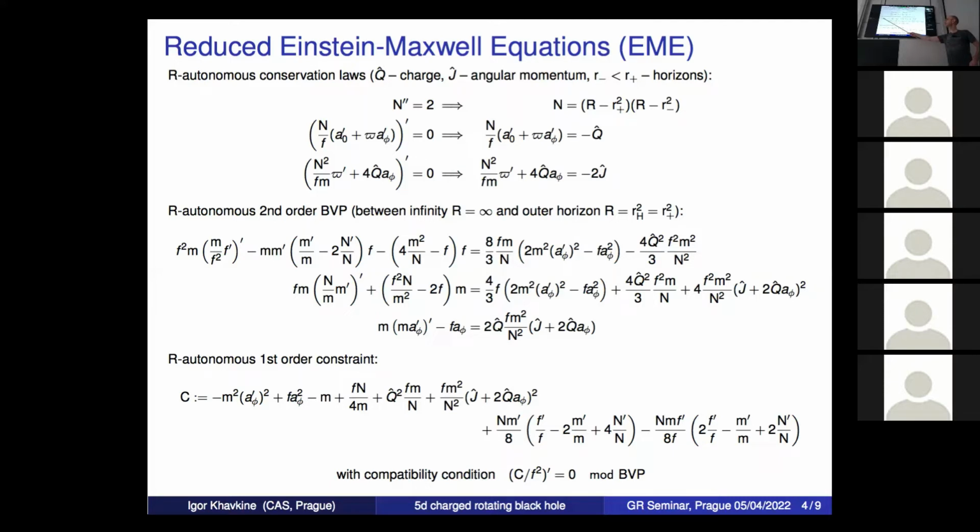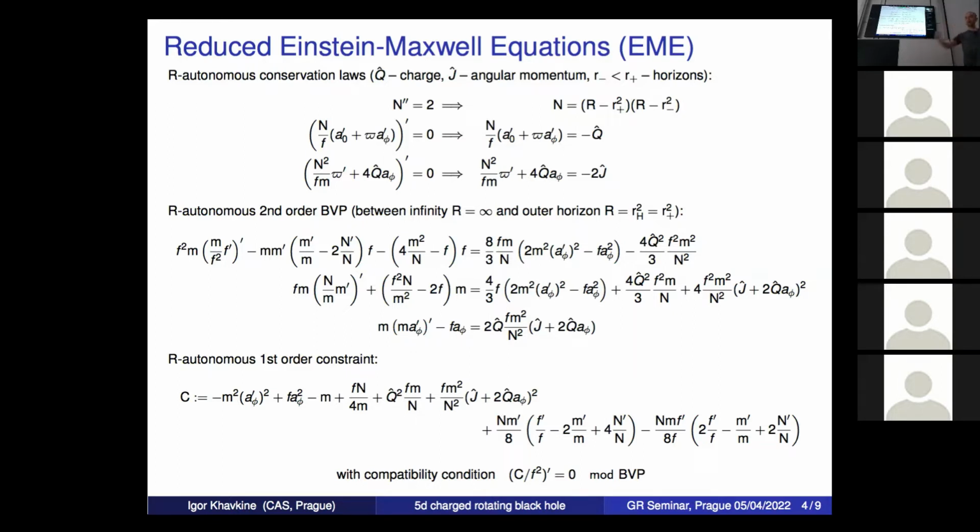And I've written the highest derivatives, the second derivatives, here for the f, m, and a phi variables. And you can think of this as a second order, nonlinear boundary value problem, but only for these three functions, f, m, and a phi.